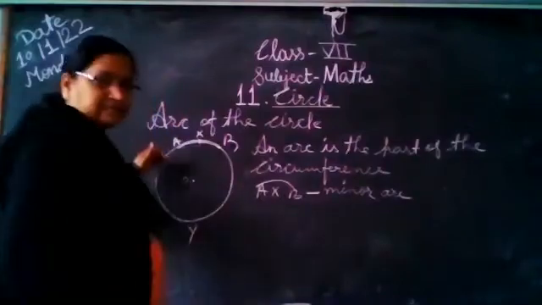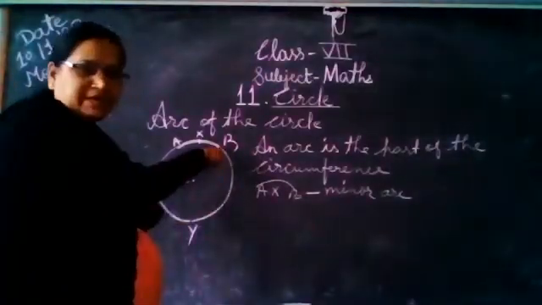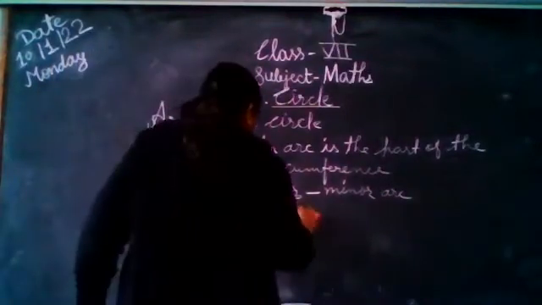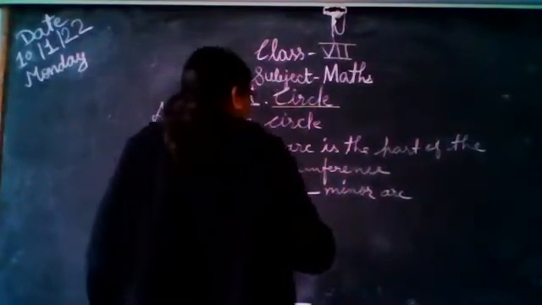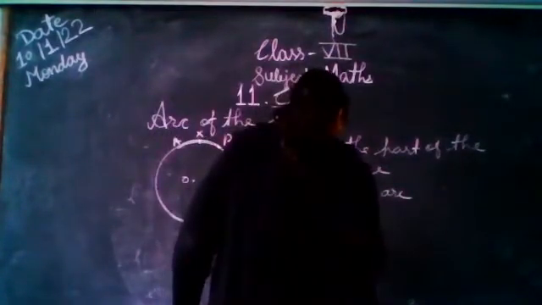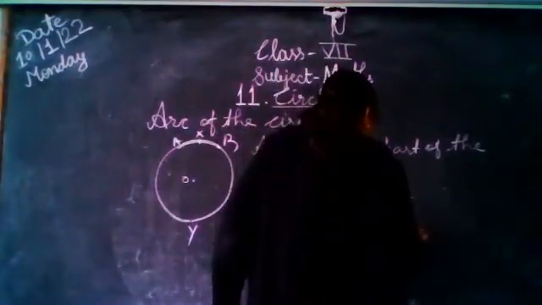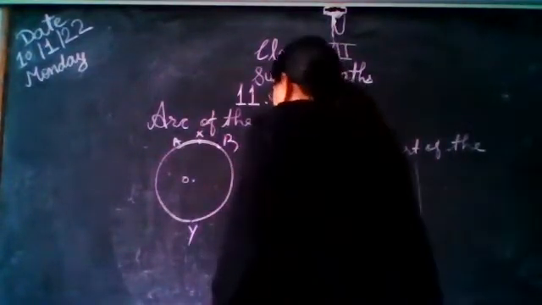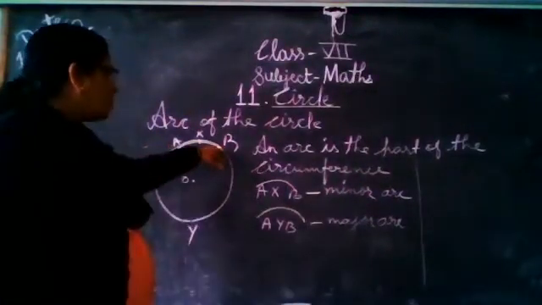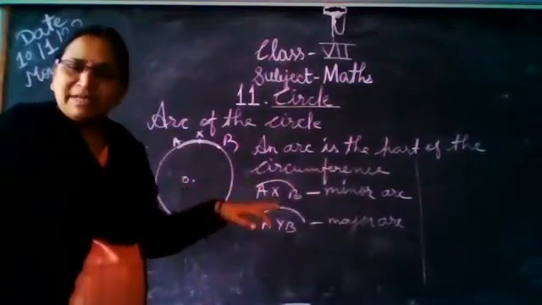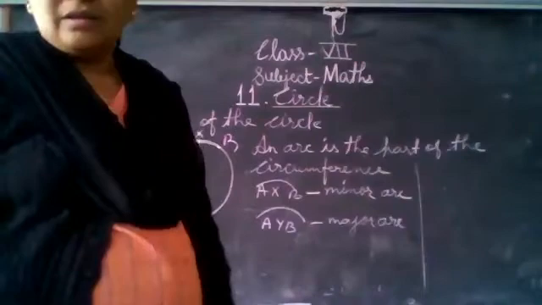And the rest part, means A, Y, and B, is the major arc. Okay, and if you add the minor arc and major arc, you will get the complete circle. Okay.